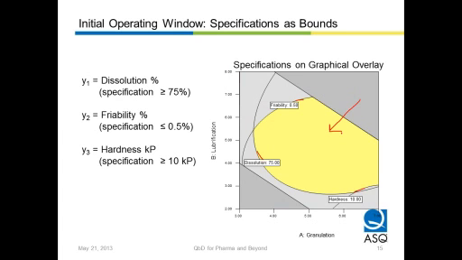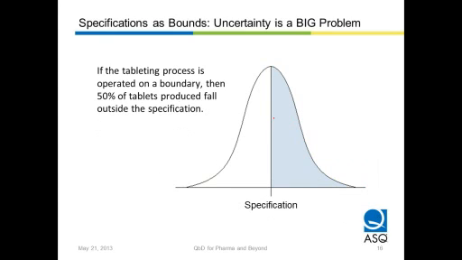However, of course, this window that we've framed out is based on sample data, and we don't really know for sure that where these lines are drawn is where they're going to end up being over the long haul. So we have to apply some statistical sensibilities here and realize that if we run right at the edge, we're going to probably be in bad shape and really be producing a lot of off-grade.